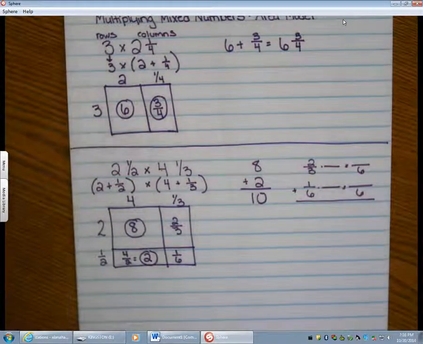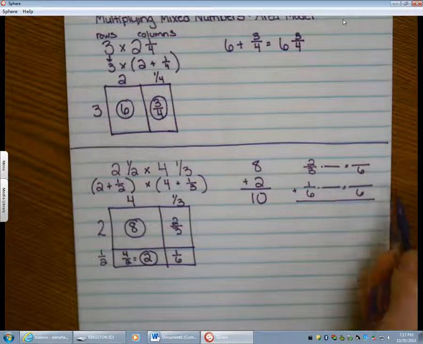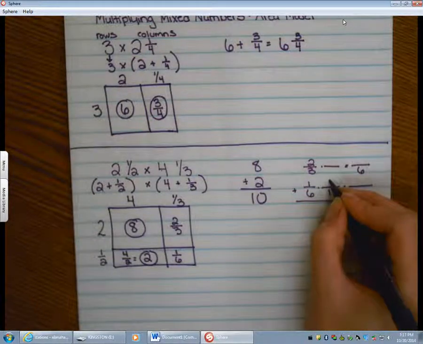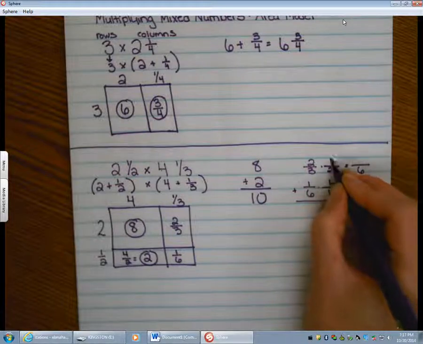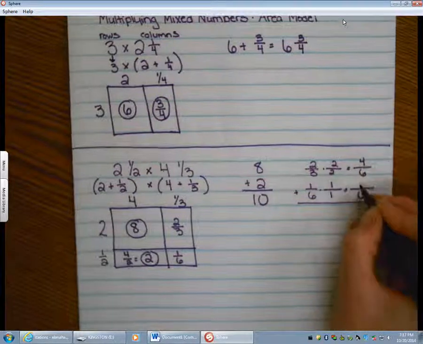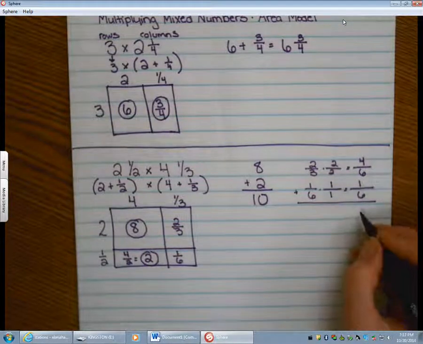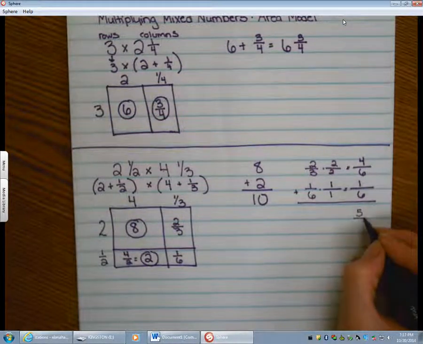If you'd like to pause the video to find your new equivalent fraction that you can add, that would be great, and then just rejoin me once you've done that part. I'm going to add my 4/6 plus my 1/6, which will give me 5/6.